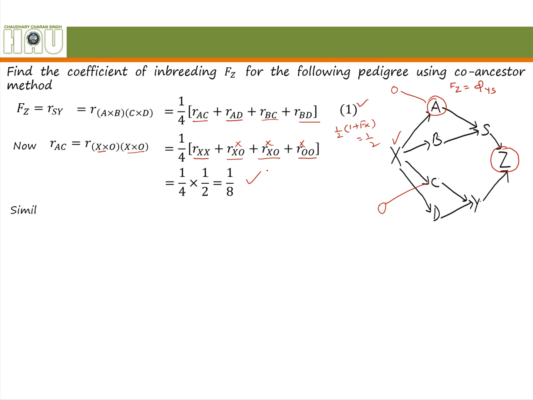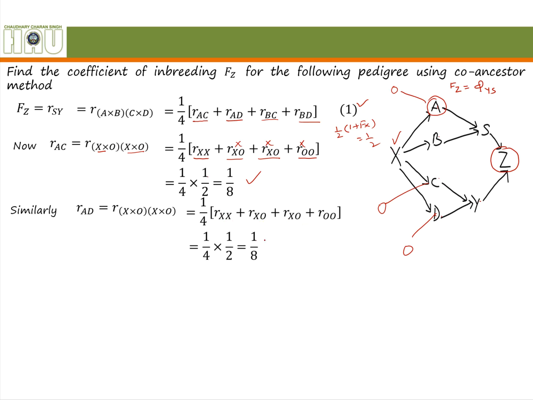Similarly, how can you find out RAD? A and D. Same, one parent of A is X and the other I assumed as O. Similarly, one parent of D is X, the other is assumed as O. So as we did in the previous case, RAD will be equal to 1 by 4 of RXX, RXO and ROO, and on simplification it is 1 by 8.